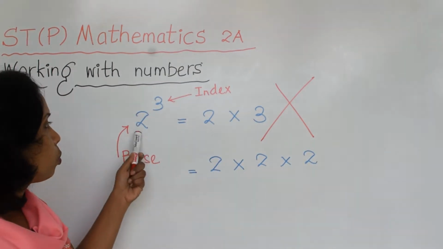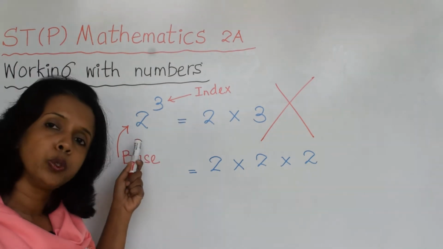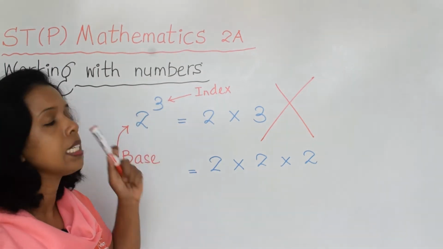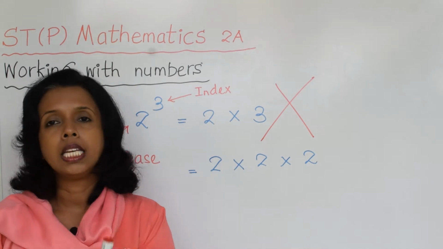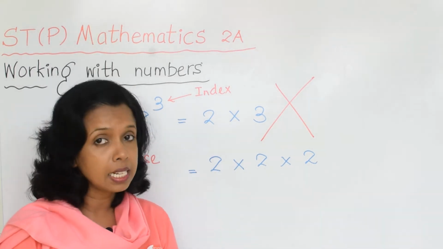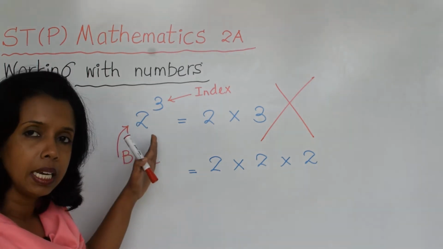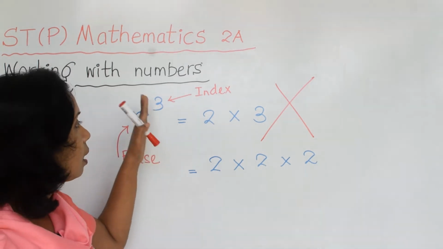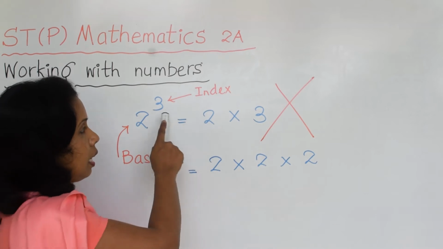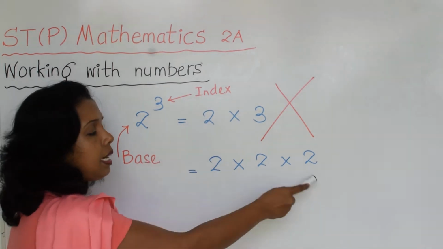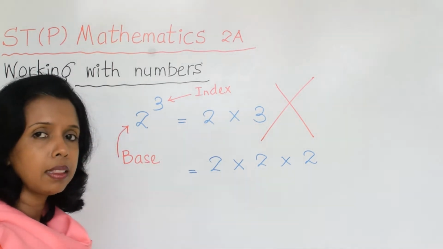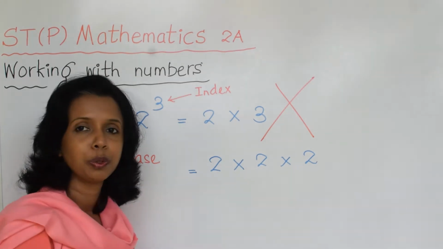So in 2 to the power 3, 2 is the base, 3 is the index. The index value tells you to multiply the given base that particular number of times. Here it is 3, so you want to multiply 3 times. What are you going to multiply 3 times? The base value 2, right?